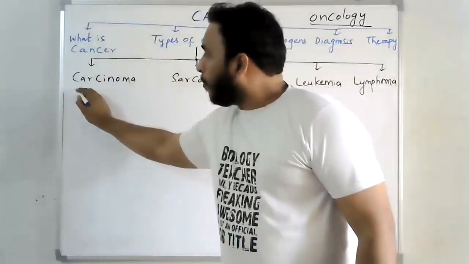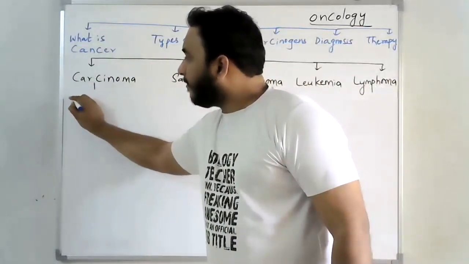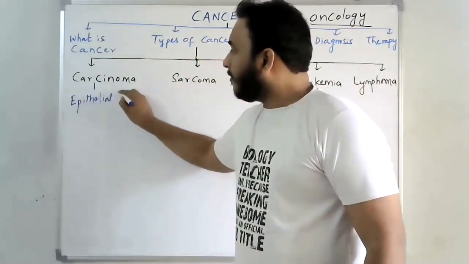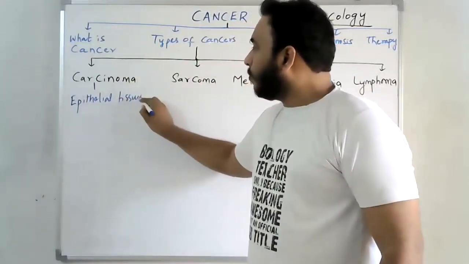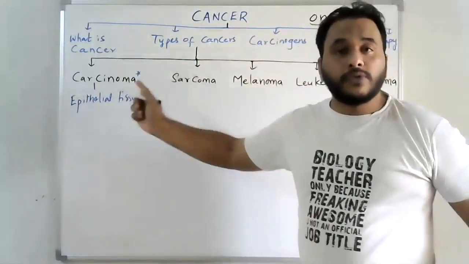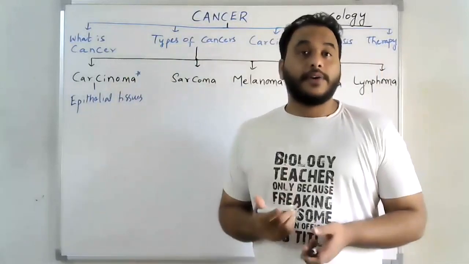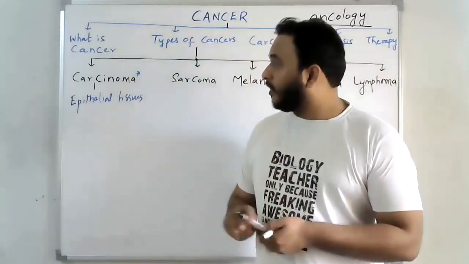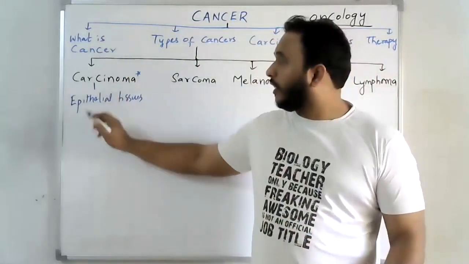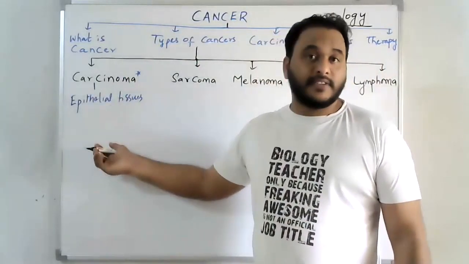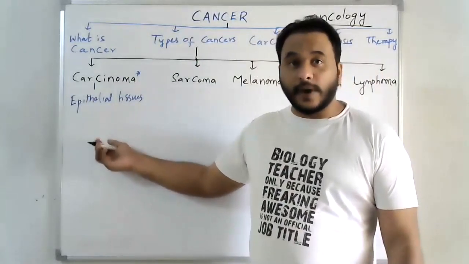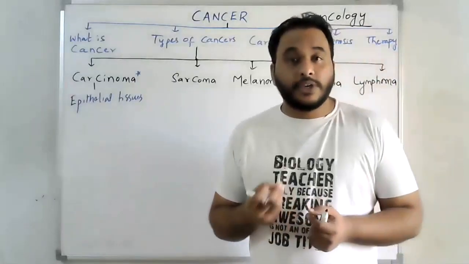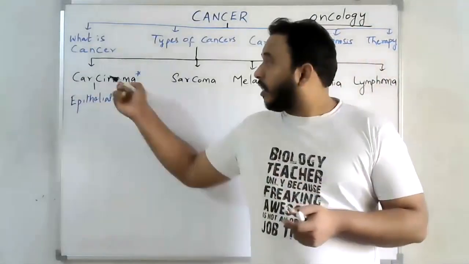Coming to carcinoma, this is the cancer of epithelial tissues. This is the most common cancer of our internal organs like heart, kidneys, and other visceral organs, even lungs, breast, uterus, and cervix. When the epithelial tissues turn cancerous, that is carcinoma.